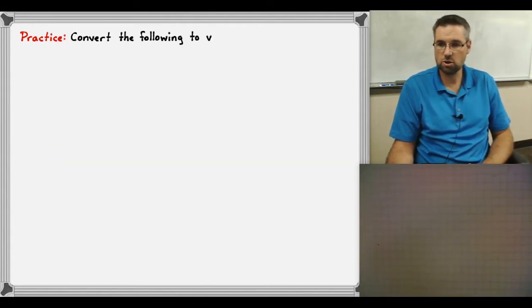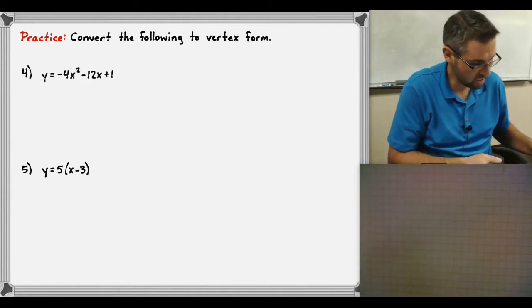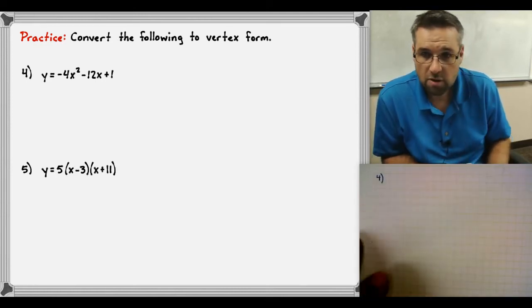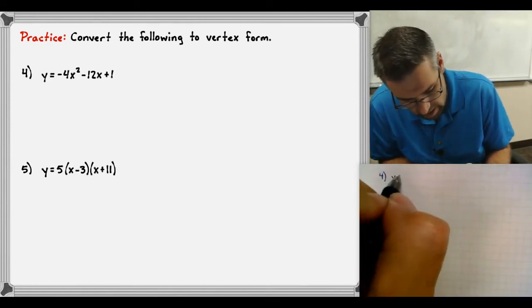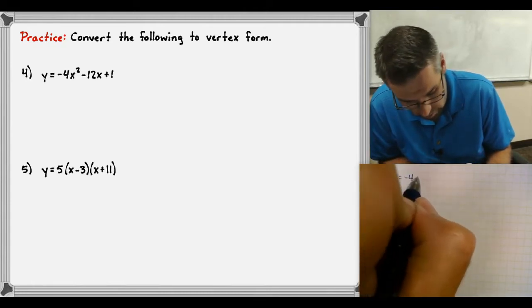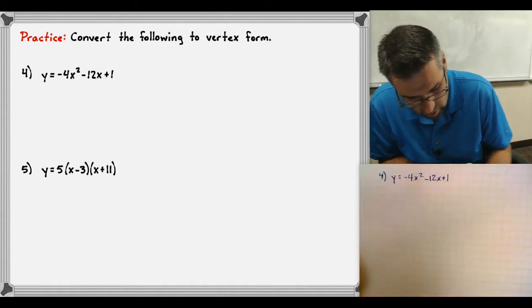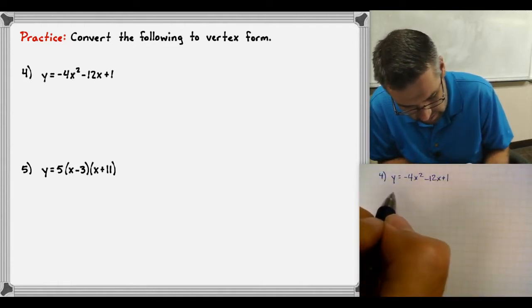You should be doing these on your own. And then after you think you have it, compare what you did to what I did to see if you're right. For number 4, we have y equals negative 4 x squared minus 12x plus 1. Well, let's go ahead and find our axis of symmetry first.